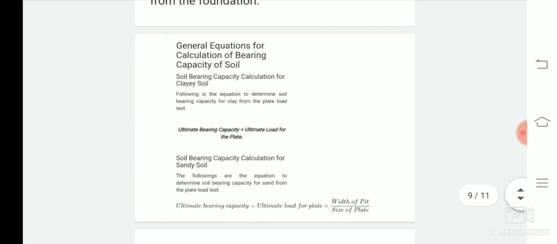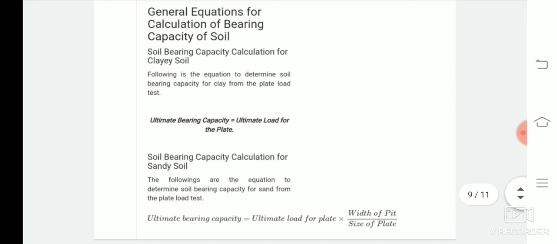So what are the main equations used for calculating the bearing capacity of the soil? As far as clay soil is concerned, the ultimate bearing capacity will be equal to the ultimate load for the plate in case of cohesive soil or clay soil.